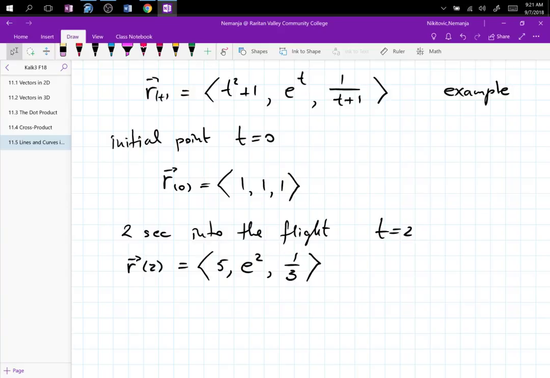This is a vector whose terminal point looks like that with parentheses. So you first calculate the vector because you have a vector valued function, and then the point would be, I can write the point here, a point in space.